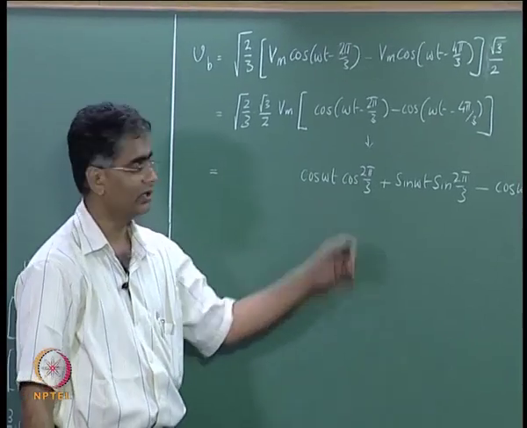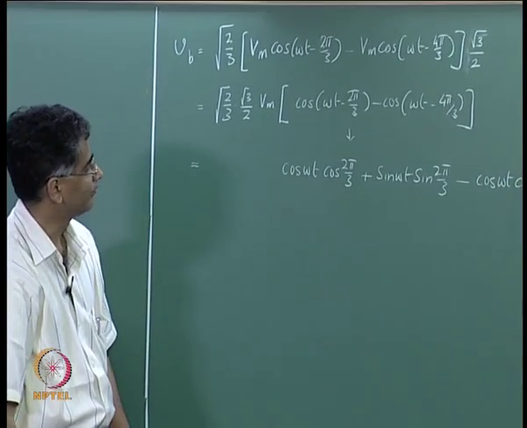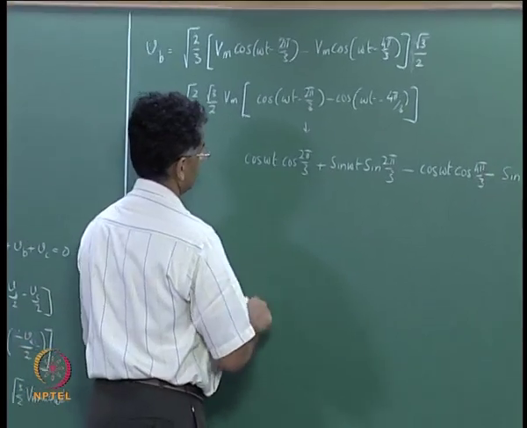Cos 2 pi by 3 is cos of 120 degrees, that is minus half.